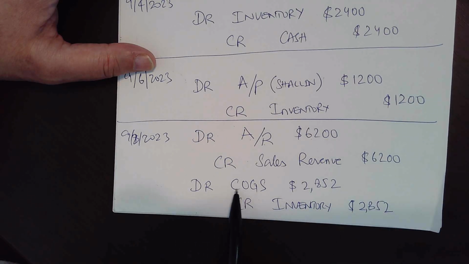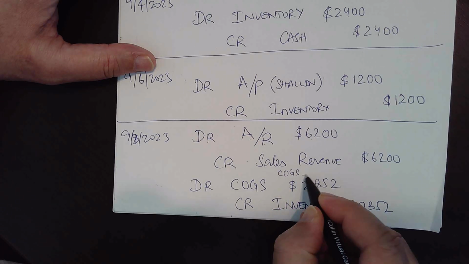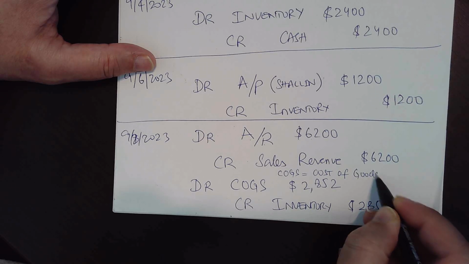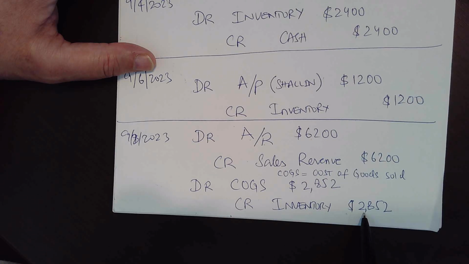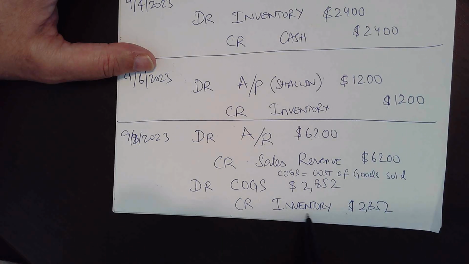Cost of goods sold, COGS, is $2,852. What it means is that we have sold for $6,200 the inventory that cost us $2,852. Once the inventory is sold, it becomes cost of goods sold.